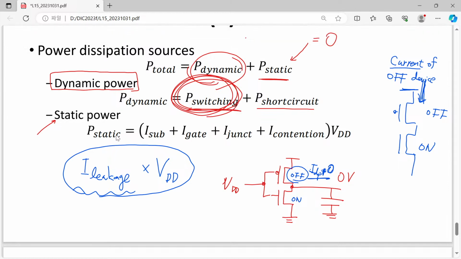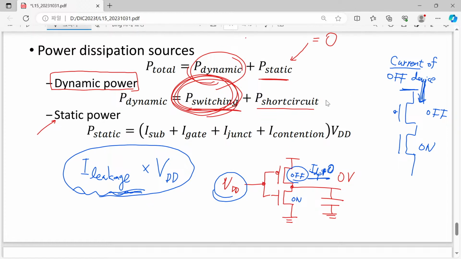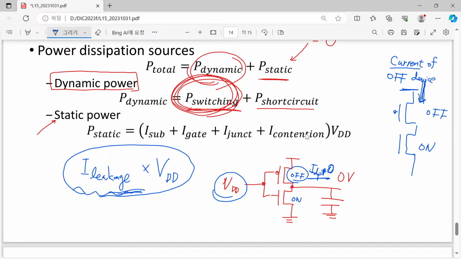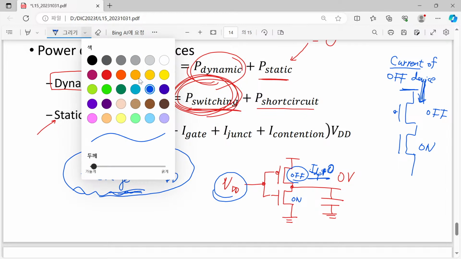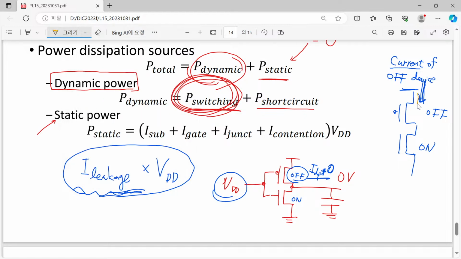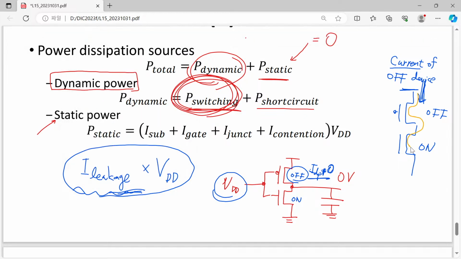Even without changing the input voltage, with everything in its steady state, we still have power consumption. And we are now talking about the current path through this NMOSFET and PMOSFET. However, we also have other paths.